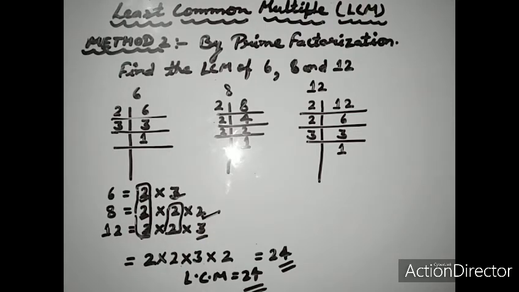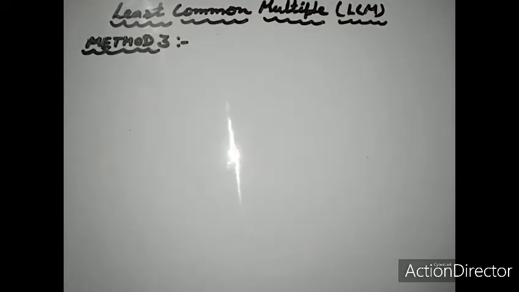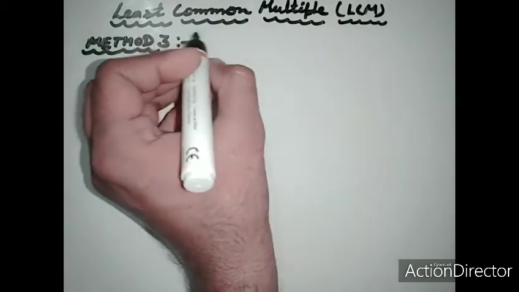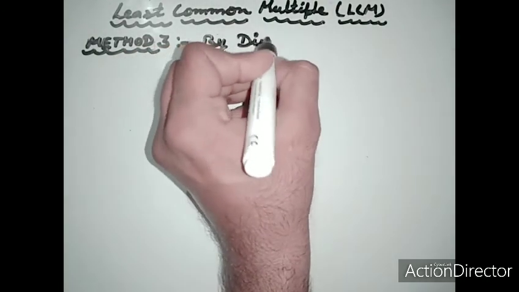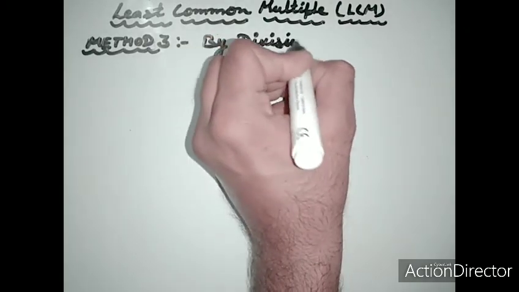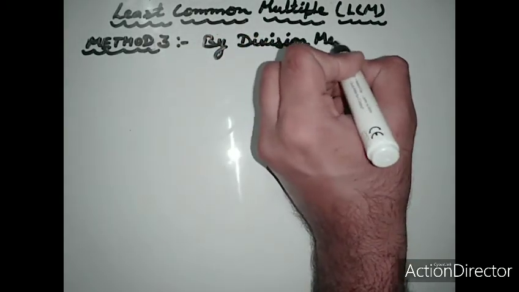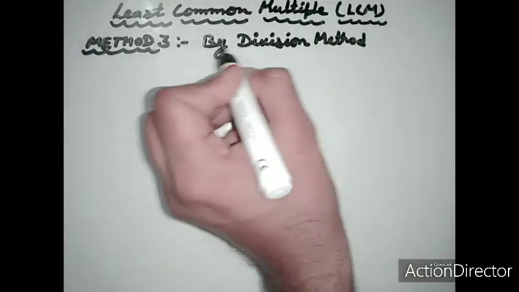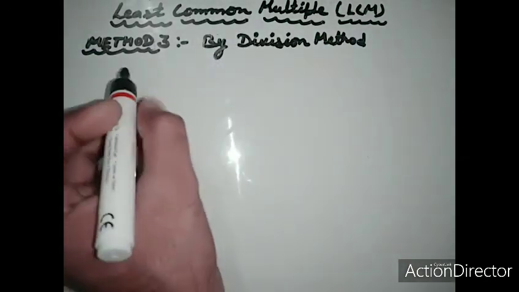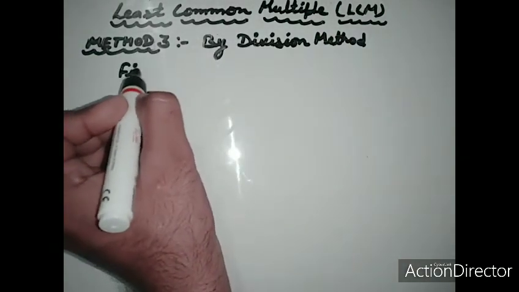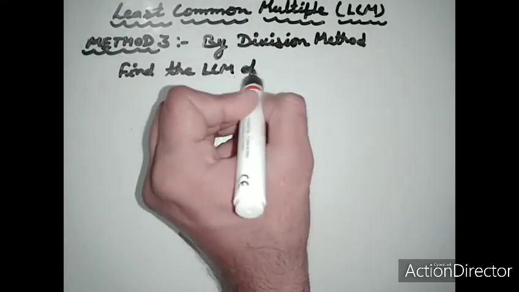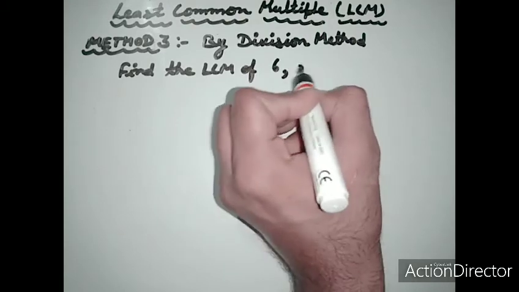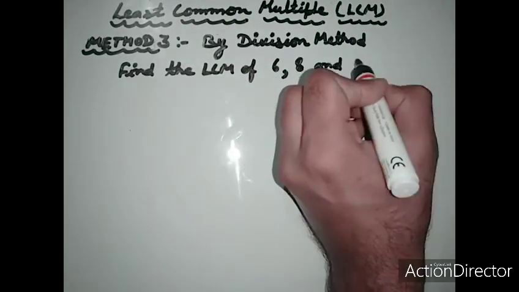Now we take another method, and the name of this method is by division method. Now the third method is by division method, right? So here we find the LCM of 6, 8 and 12.